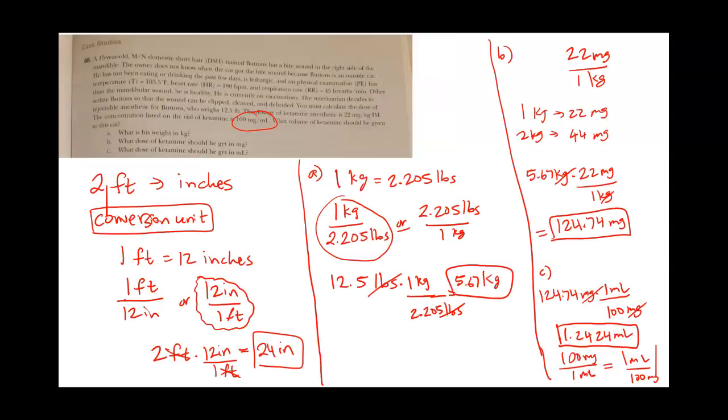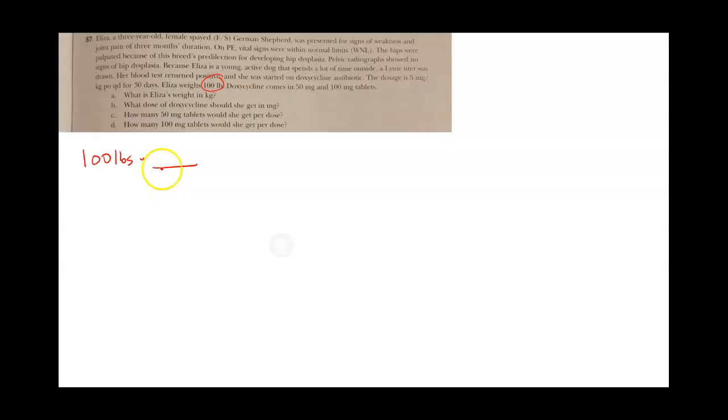So same thing. We have 100 pounds. And from the previous slide, we know that 1 kilogram is equivalent to 2.205 pounds. And remember, whatever's on the numerator, that same unit goes on the denominator. So we're going to put 1 kilogram on the numerator because that's what we want our answer to be in, and then 2.205 pounds on the denominator.